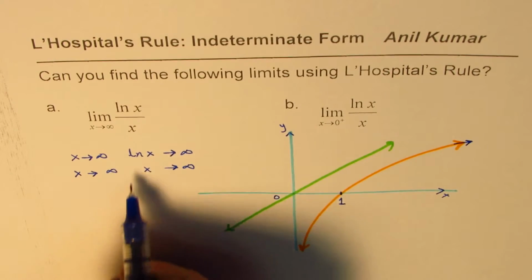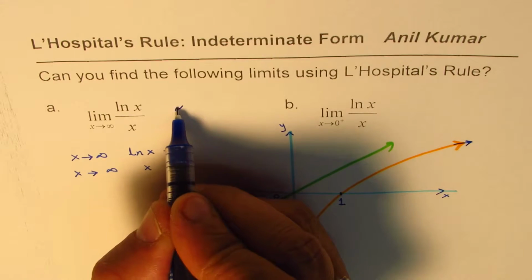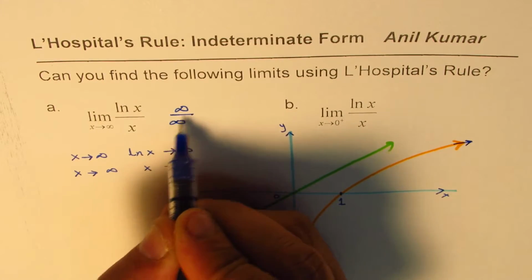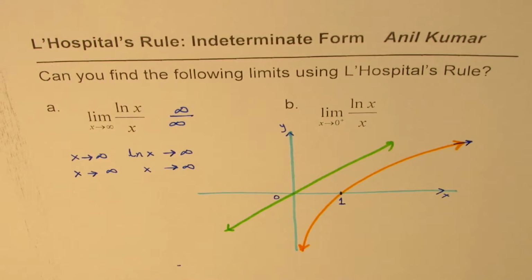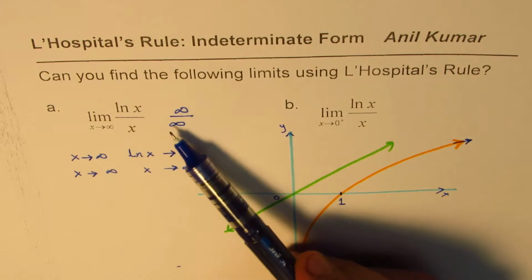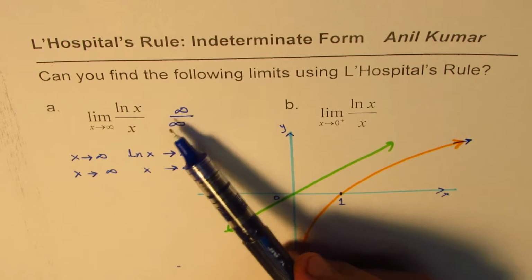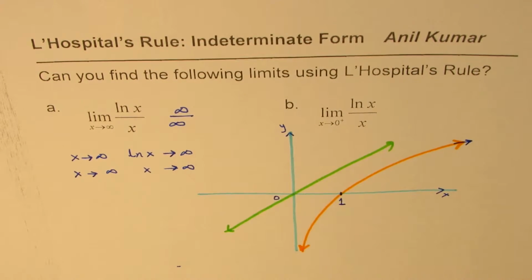So what we have here is infinity over infinity, right? So that is indeterminate. We really don't know which number is bigger, equal, smaller, so what is going to be their quotient? That is where the L'Hopital's rule comes into action.